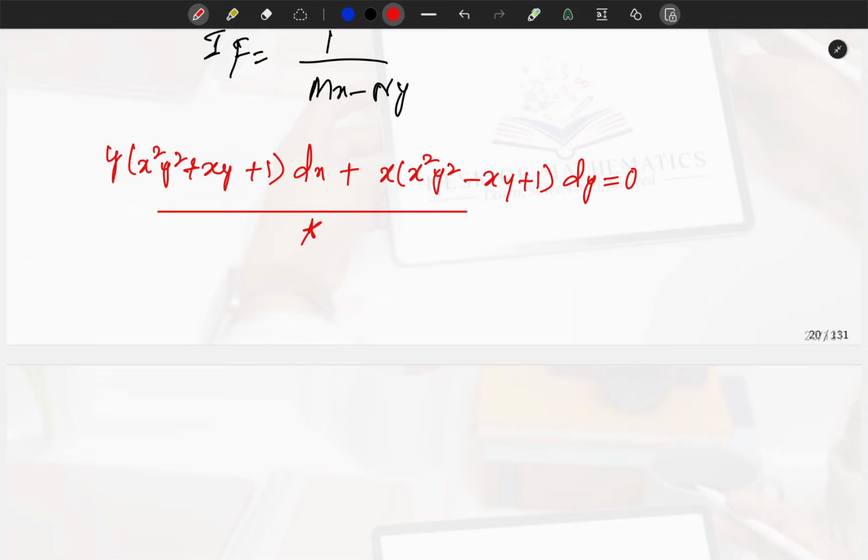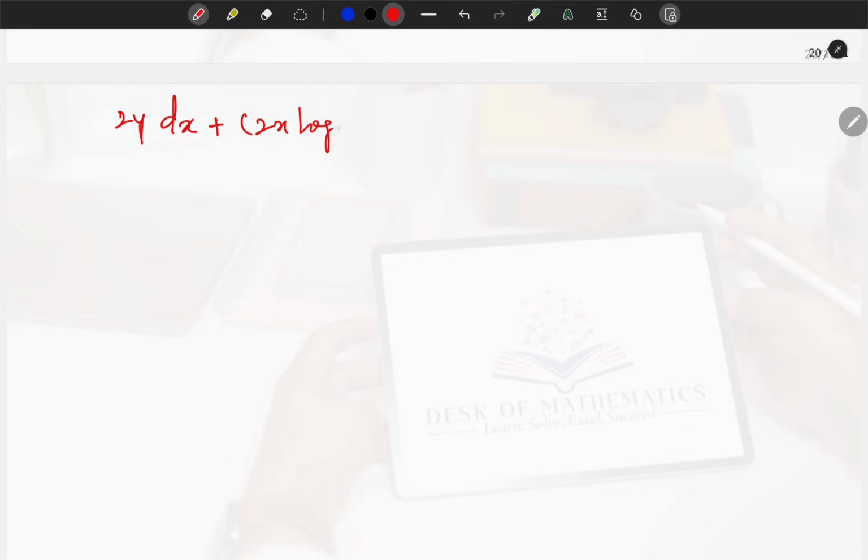Okay, so another method, the fourth case in your syllabus, is when you have the given differential equation and, out of these two cases, another case. If you find ∂M/∂x, for example if they give you this as a question, 2y dx + (2x log x − xy) dy = 0, what will you do?